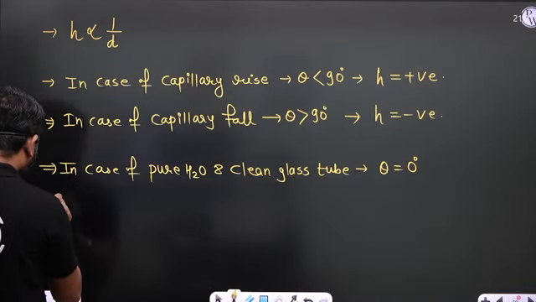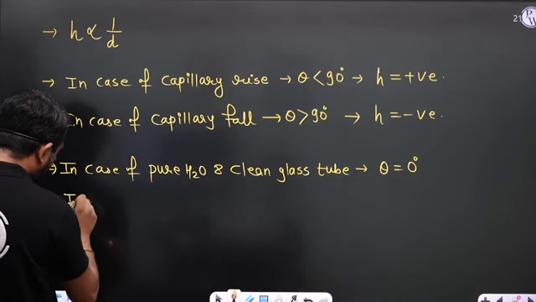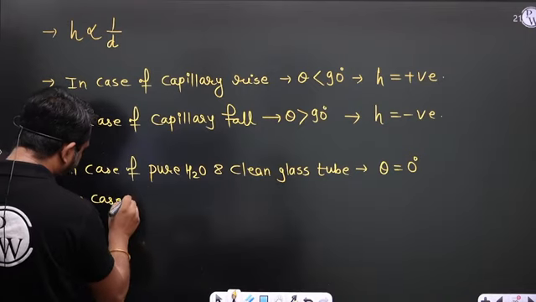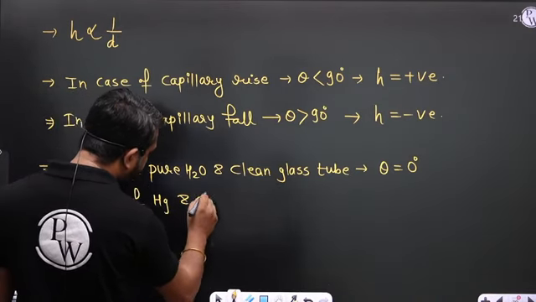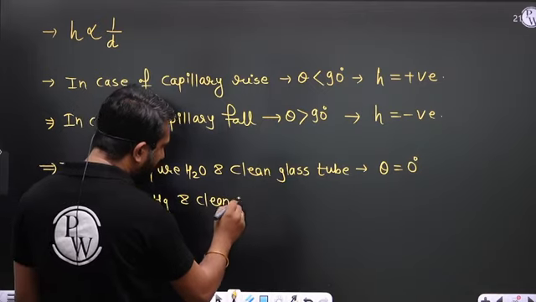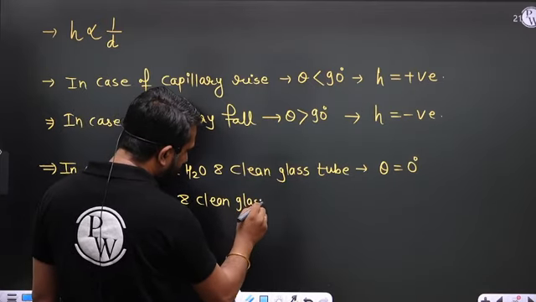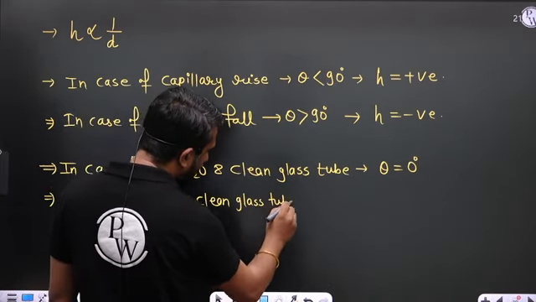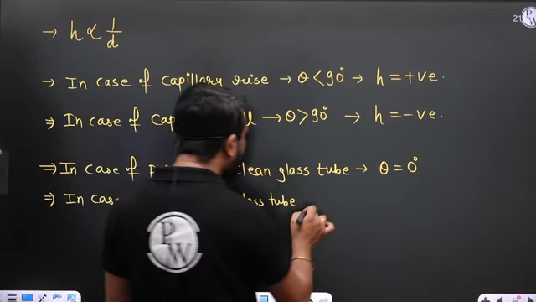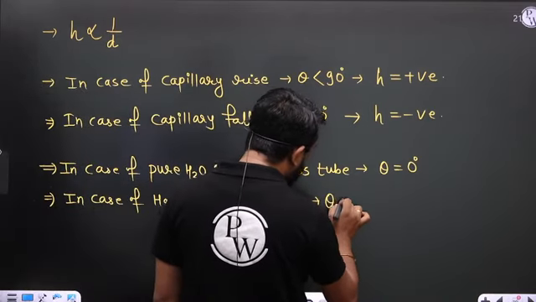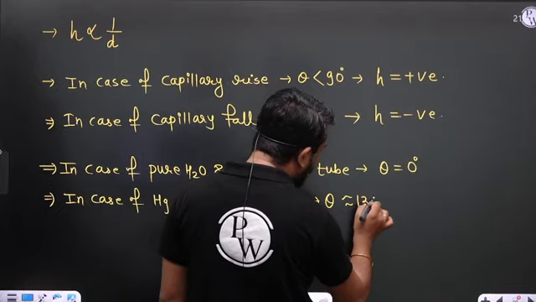And in case of mercury and clean glass tube, this value theta is approximately equal to 135 degree.